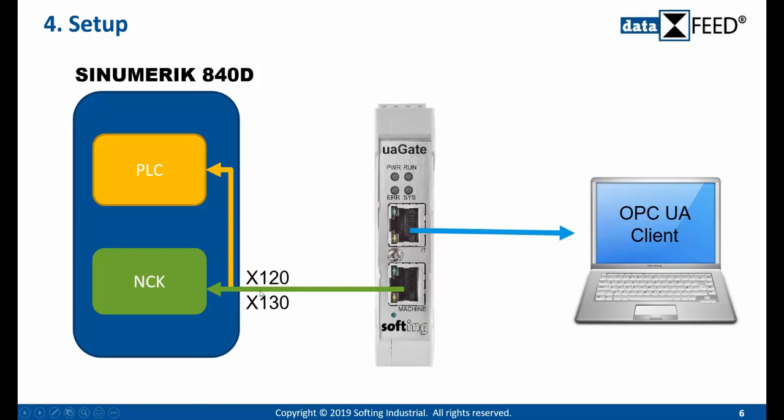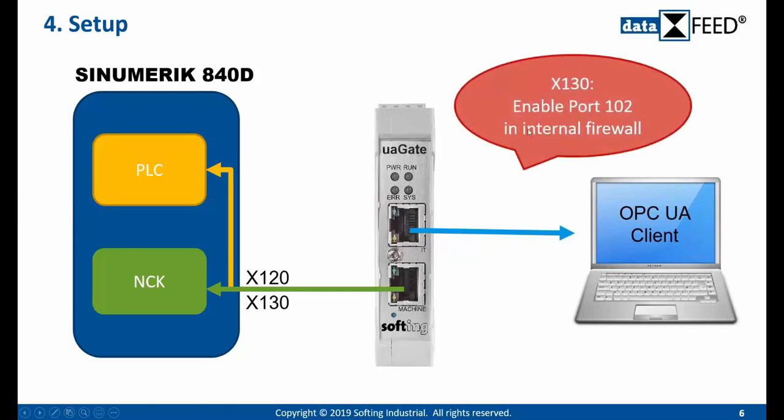The lower interface, the machine interface, is used to connect to the SINUMERIK, and you can use the X120 or X130 to collect data.